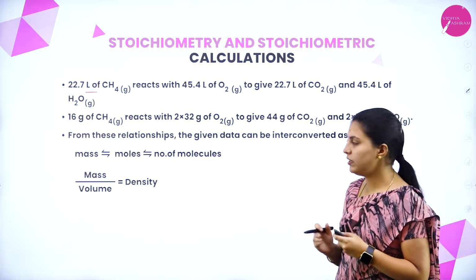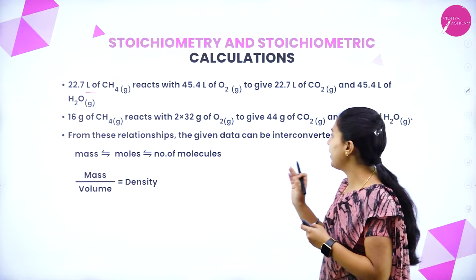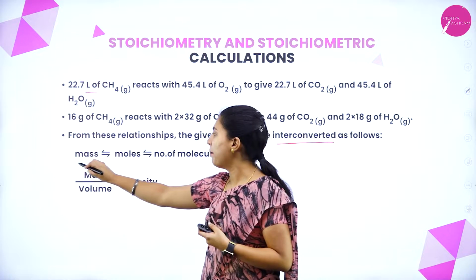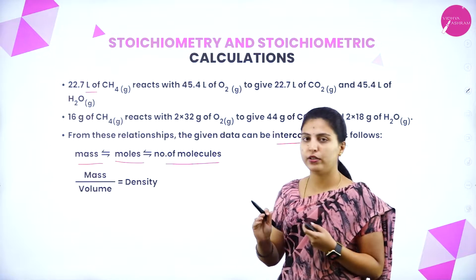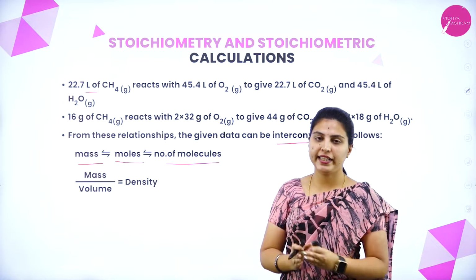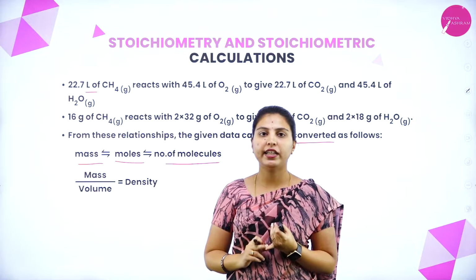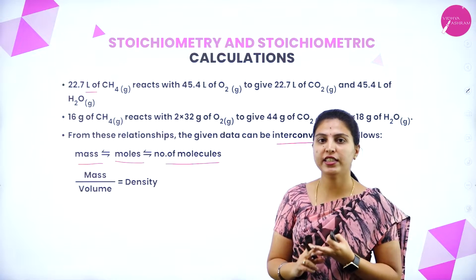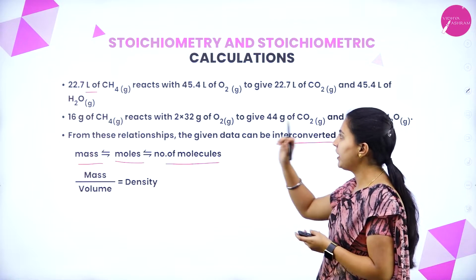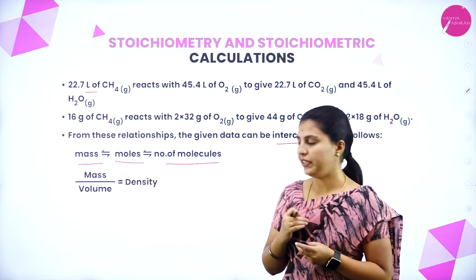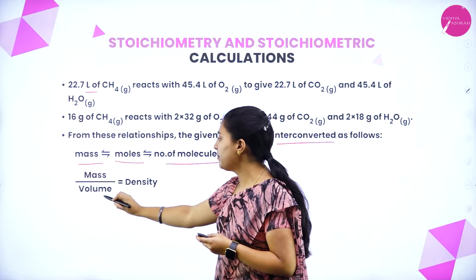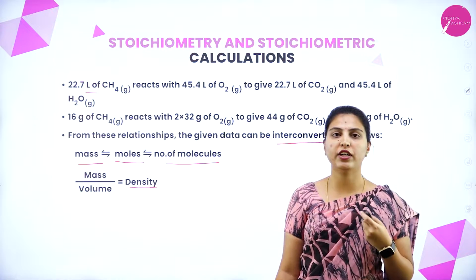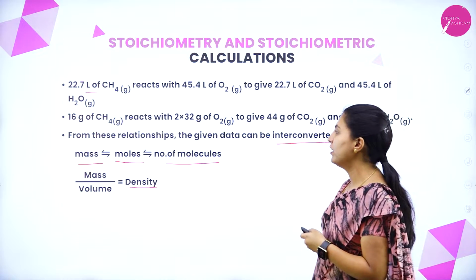From these relationships, the given data can be interconverted as follows: mass, moles and number of molecules. The overall reaction can be interconverted into mass, moles and number of molecules. That's why the same reaction has been written in various kinds. See here, mass by volume is density. This is the important formula you have seen in your previous classes and also this class.